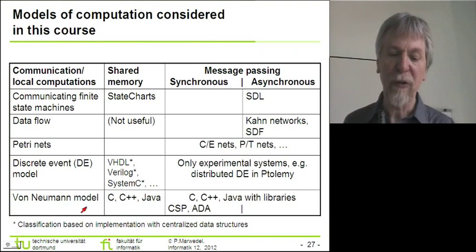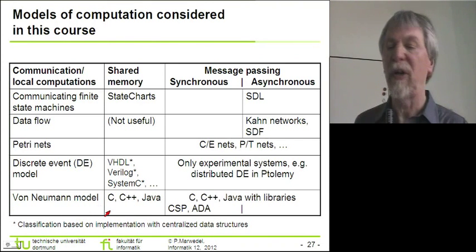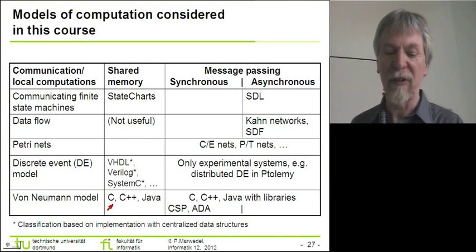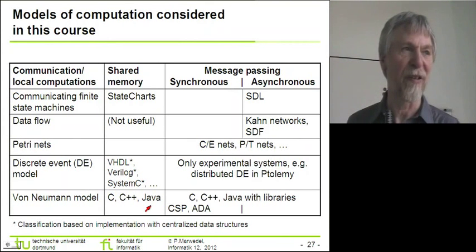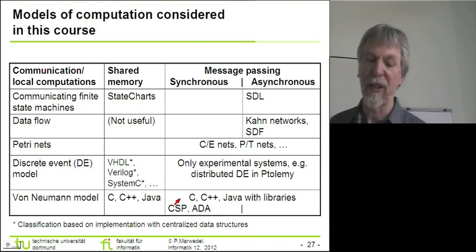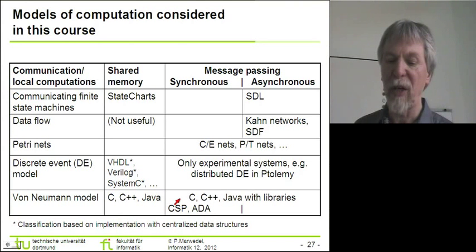And then we have, as for the next line, the von Neumann model, where we have all the languages that you normally know. So that means C, C++, Java, and you name the language, and I will typically tell you that this is also a language which belongs to this row in the table. Now, if we would like to implement message passing with the standard imperative languages, we would usually use libraries.